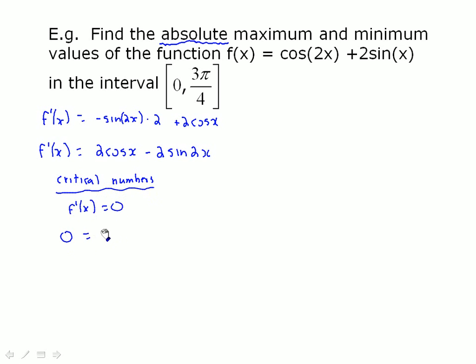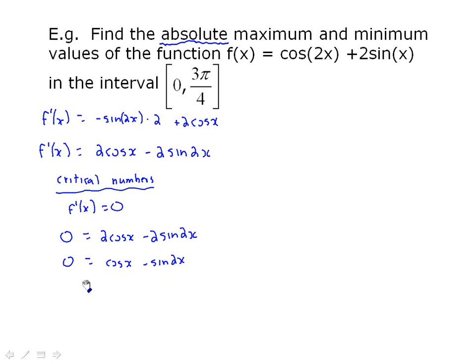But I'll start with the 0: 2 cos x minus 2 sine 2x. What I would recommend in a case like this is that you divide out a factor of 2, just to make things a little bit easier, dividing the left side by 2 as well, and you get cos x minus sine of 2x.